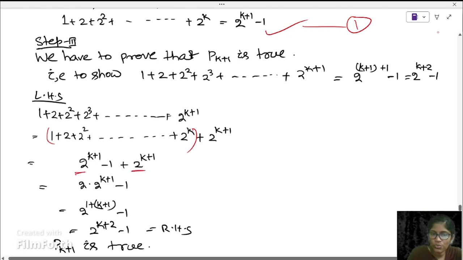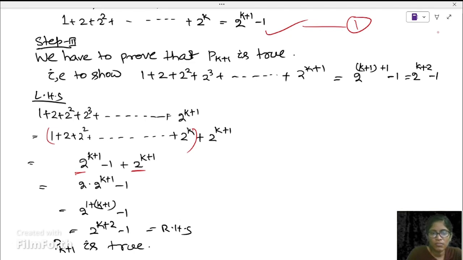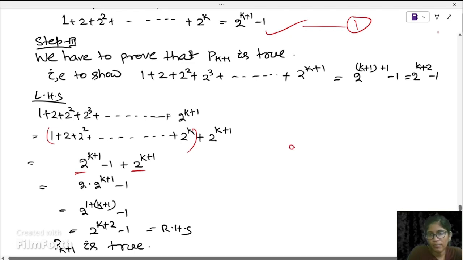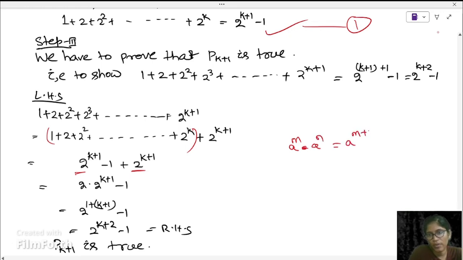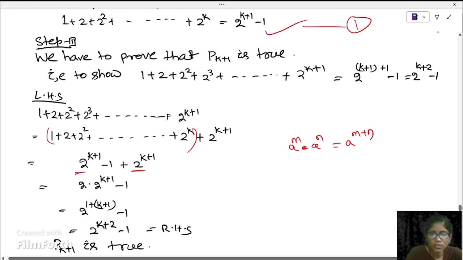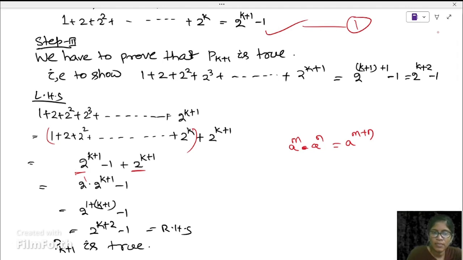That implies 2 into 2 to the power k plus 1, because of 2 to the power k plus 1, which we can write by the formula a to the power m into a to the power n is equal to a to the power m plus n. That means here 2 to the power 1 and here 2 to the power k plus 1, which is equal to 2 to the power 1 plus k plus 1, 2 to the power k plus 2 minus 1.